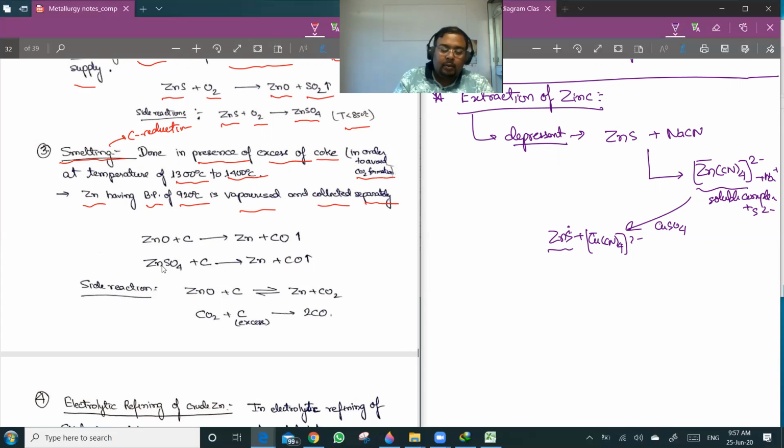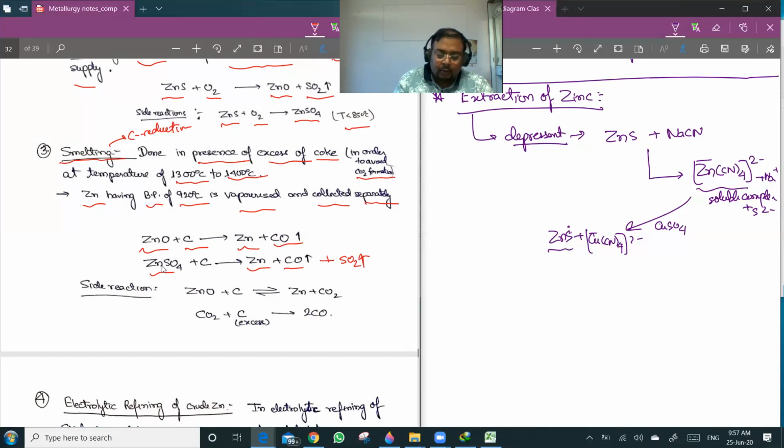So what are the reactions taking place? Zinc oxide will react with carbon and you will be getting zinc plus carbon monoxide. Zinc sulfate, which was earlier present, will react with carbon to give zinc plus CO plus SO2.